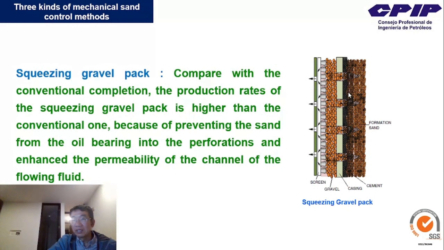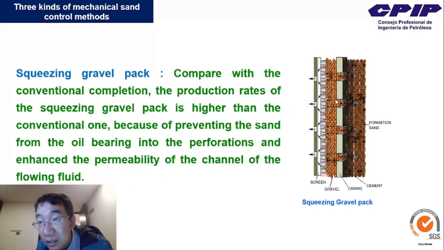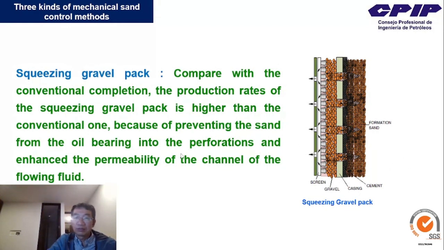Yeah, we can see that from the perforations, the gravel comes into the formation and makes some channels and lets the oil flow easily to the downhole and be pumped to the ground.